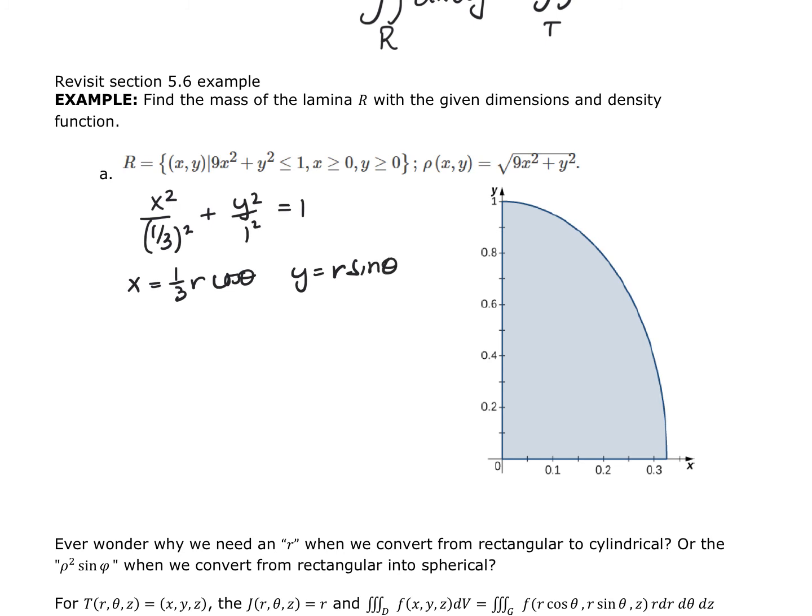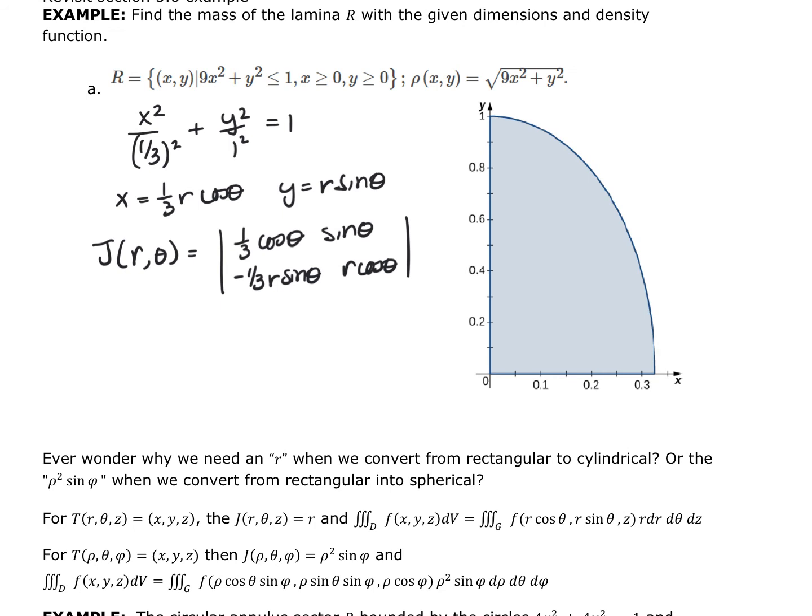My Jacobian of r theta will end up becoming 1/3 cosine theta, sine theta, and then negative 1/3 r sine theta, and then r cosine theta. Which, when I get totally done with all of this, is just going to give me 1/3 r.